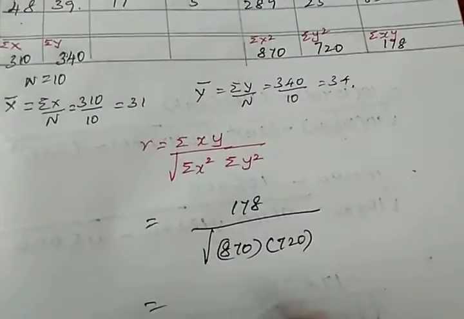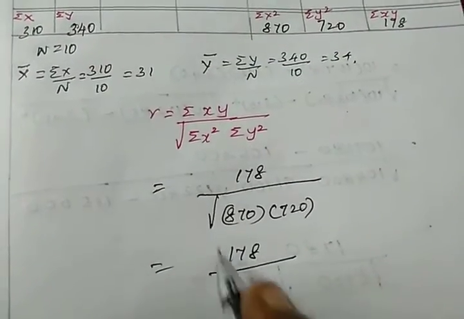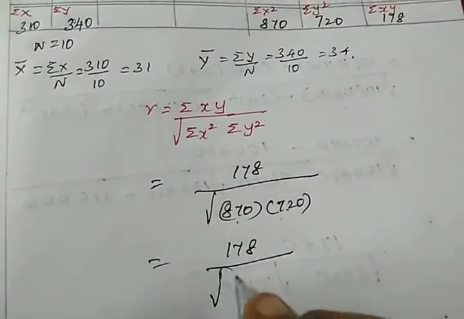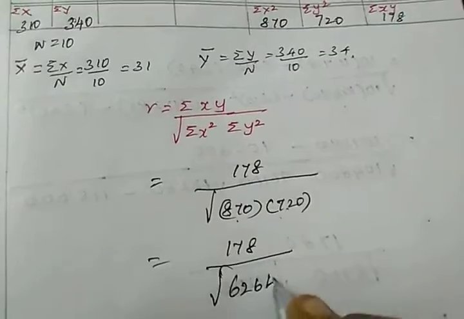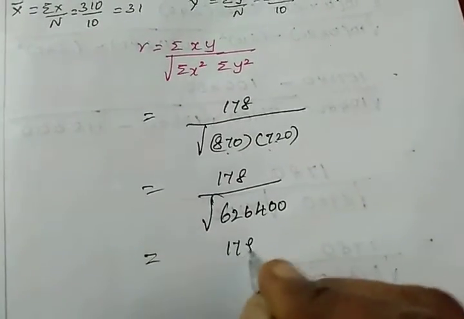Now multiply 870 into 720. When you multiply 87 into 72, you will be getting 626,400.